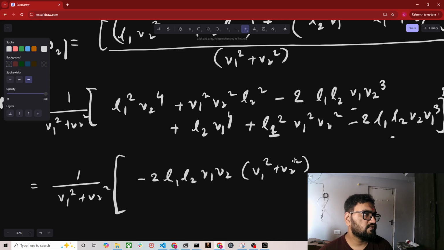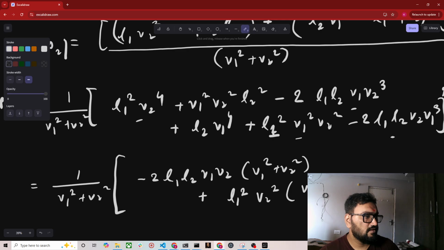Okay, so these two terms have been clubbed together, and if I try and club L1s and L2s together, let's see what happens. Plus L1 square V2 square into, I can take out L1 square V2 square as common from this and this, right?